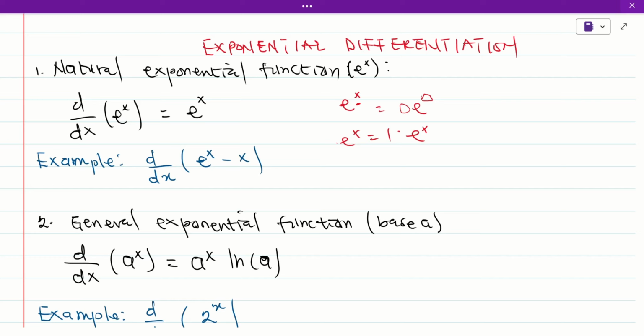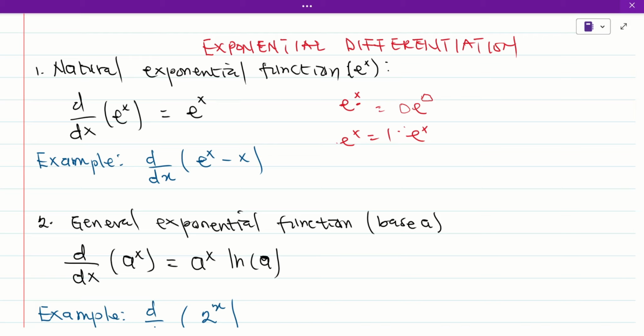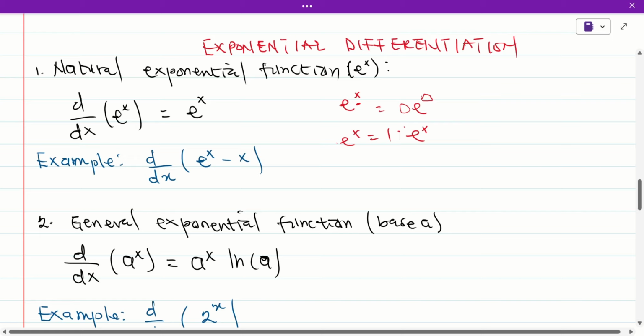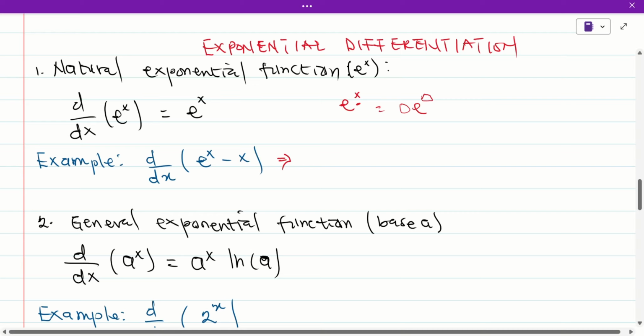Hope you get it. So let's have the example below. We have been given e exponent x minus x to differentiate. Bear in mind that whenever you're given e exponent x to differentiate, you are still going to get e exponent x. So applying the sum and difference rule, we can differentiate our function here by expanding it.